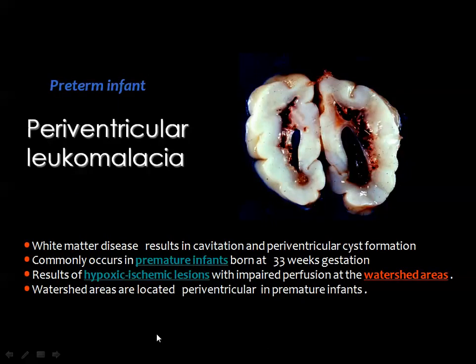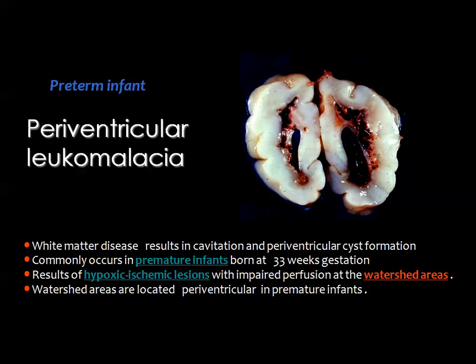Then, if we are talking about the preterm infant or the premature infant, we have the four lesions mentioned before, and these are the periventricular leukomalacia, the germinal matrix hemorrhage, intraventricular and intracerebral hematomas.